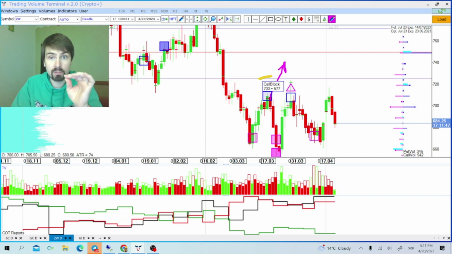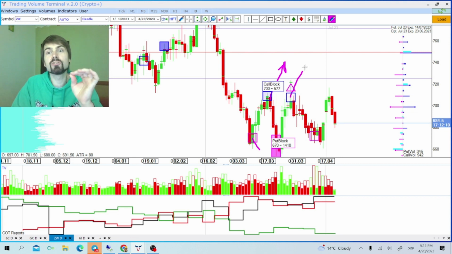So they bought call blocks, also 700 strike, in the amount of 577. From this place, the market goes to the downside, and at the bottom of the market, we have a trade on the strike 670 with the amount of 1410 contracts. And from this place, the market goes to the upside.